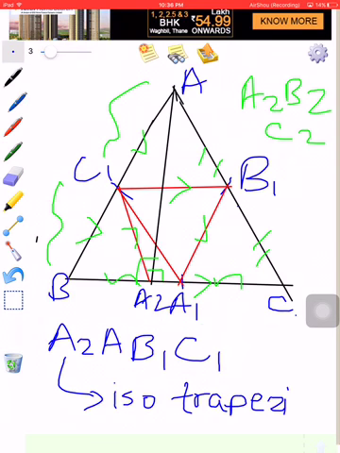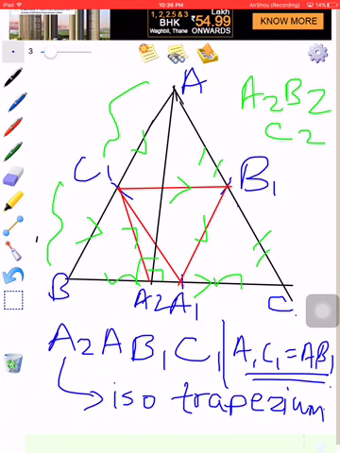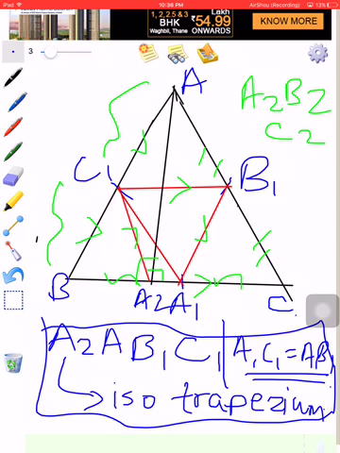That will come because we now got that A1C1 is equal to A1B1, thanks to the midpoint theorem and the right angle triangle. So this is a basic idea which we're going to develop further.